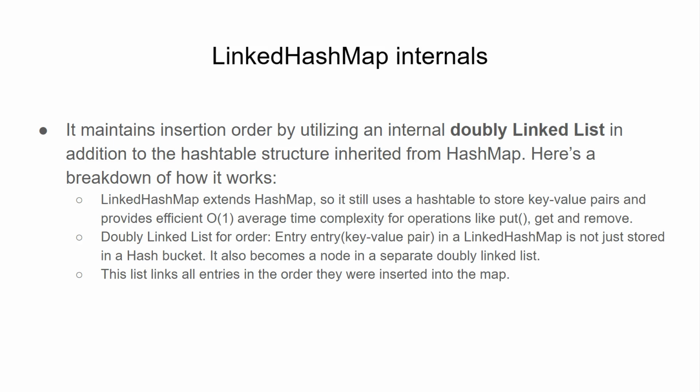The LinkedHashMap extends the HashMap, so it still uses a hash table to store the key value pairs and provides the constant average time complexity for operations basically like put, get, and remove. It uses the doubly linked list for ordering.